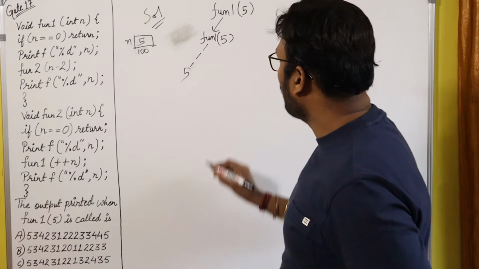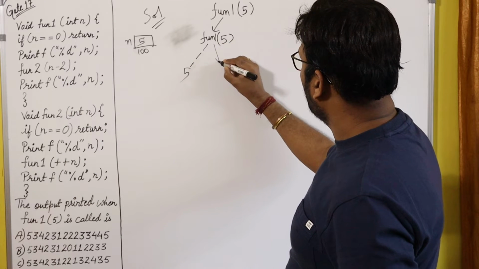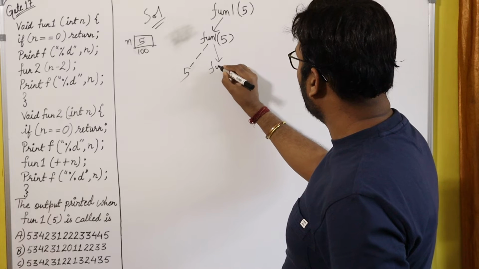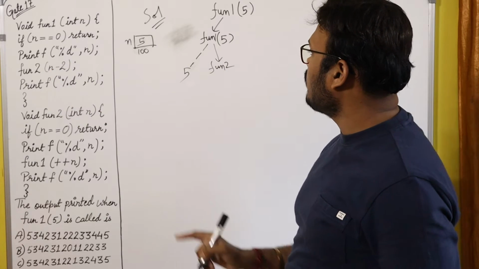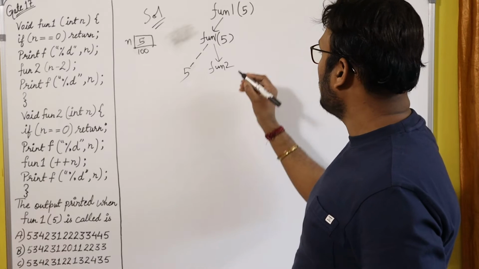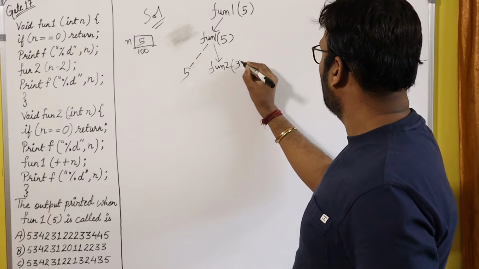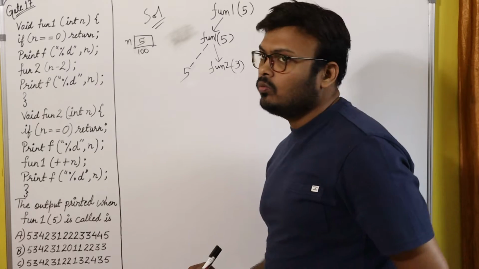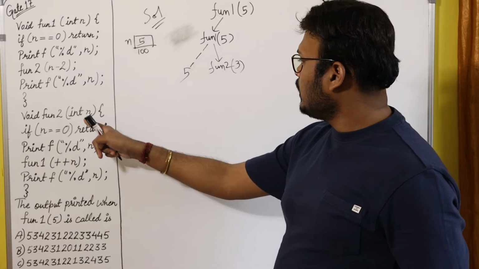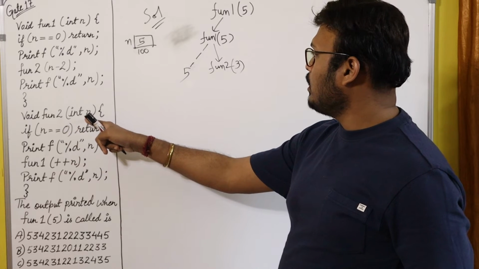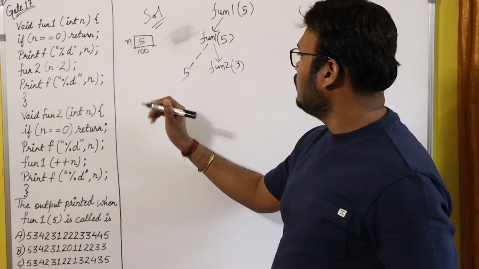And after that, fun2 has been called, fun2 with n minus 2 value. What is the value of n? 5. So 5 minus 2 is 3. Now fun2 has been called here with a new local variable n.